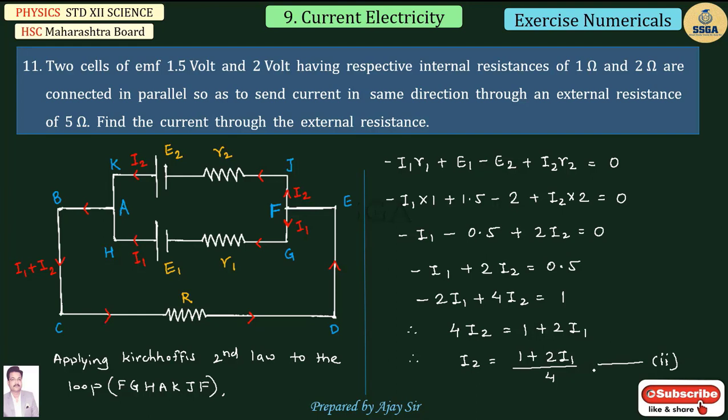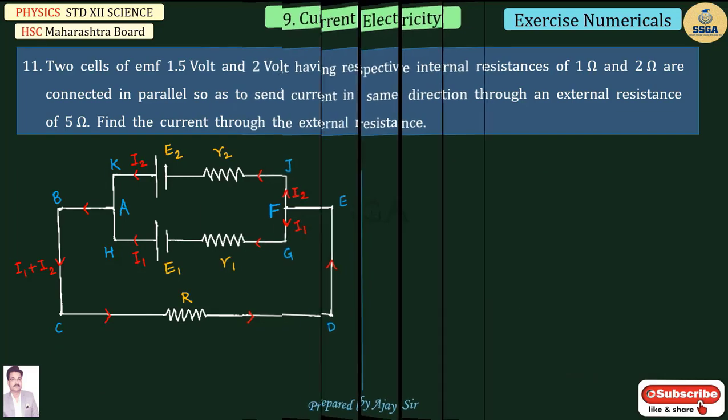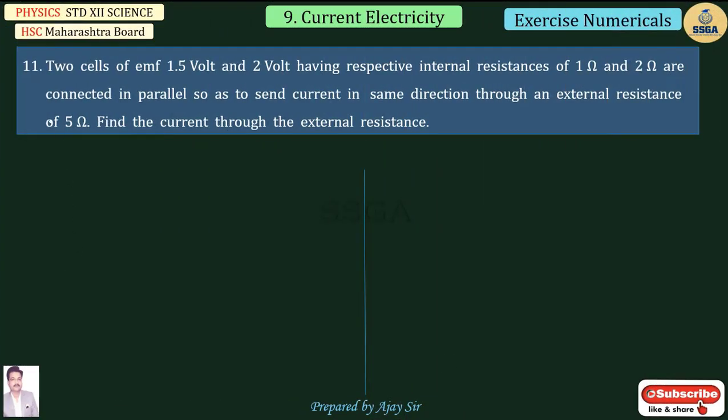So therefore, substituting equation 2 in equation 1. Equation 1 is 12 I1 plus 10 I2, which is equal to 3.